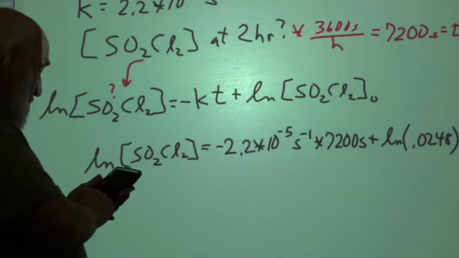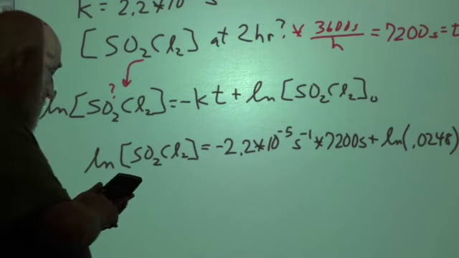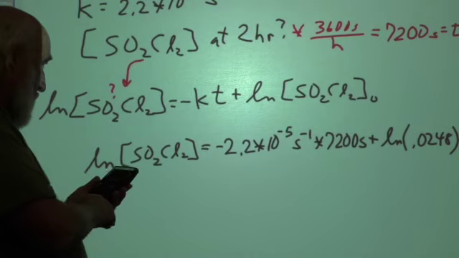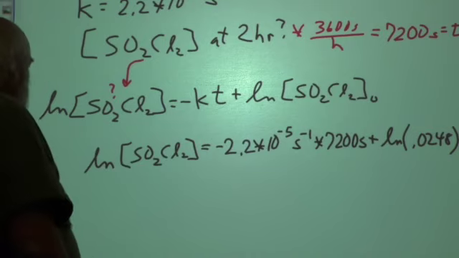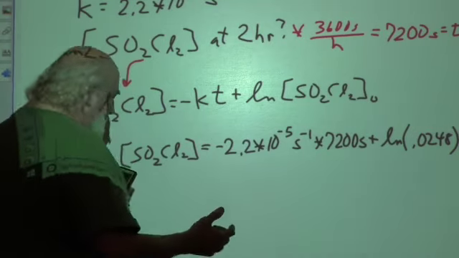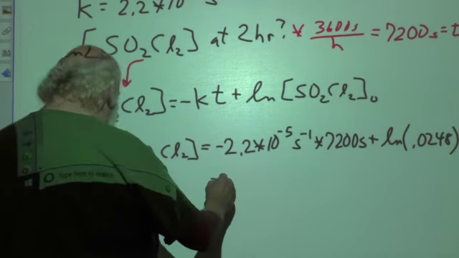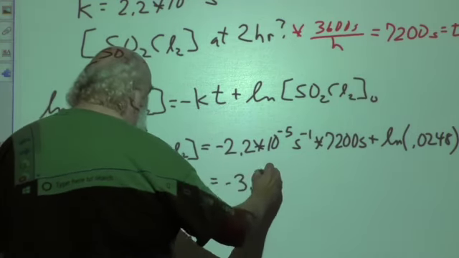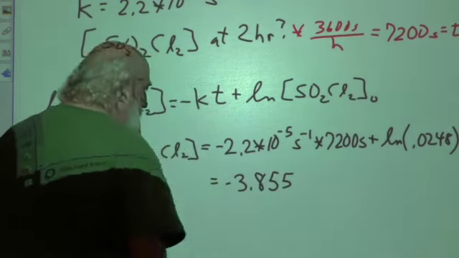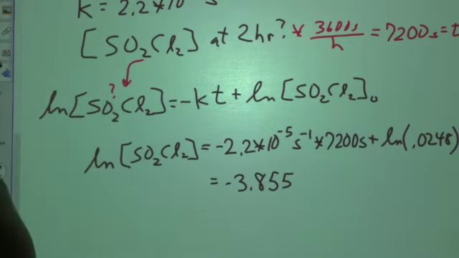Parentheses should pop up automatically, 0.0248. Close parentheses if you wish. You don't have to at the end of the problem in this case. And I'm going to give 3 decimal places on this one, because with logarithms, the results tend to be really different if you only have 1 or 2 decimal places. So if we go to 3, it tends to be a little closer to what it should be.